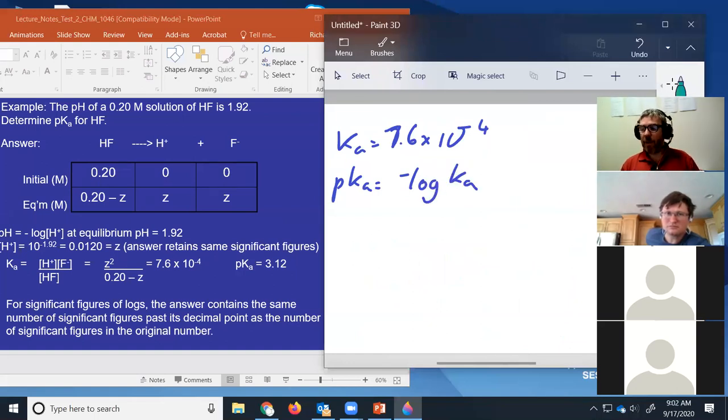So how would you do that? Well, you'd put that into your calculator. You take the log, and then you take the negative of that number. So go ahead and try that, and make sure you're getting a pKa of 3.12. I'll explain how to get the significant figures from the log in a second, but just make sure you're getting close to that answer.